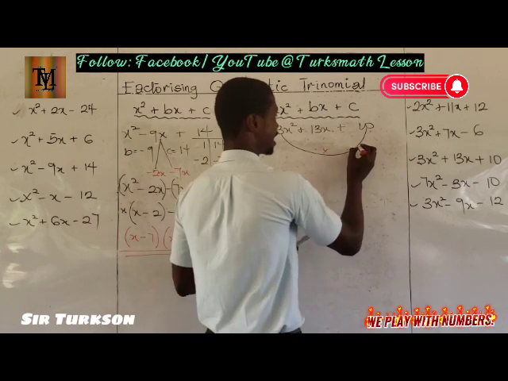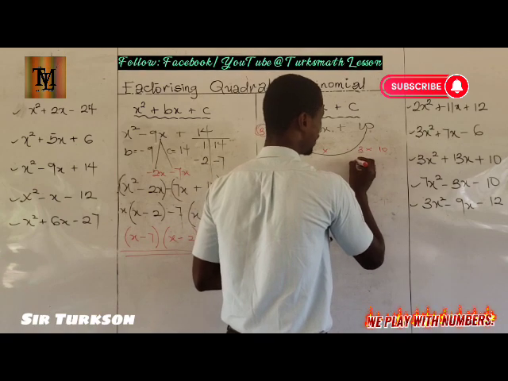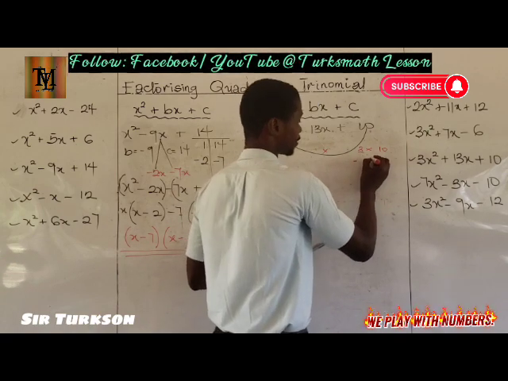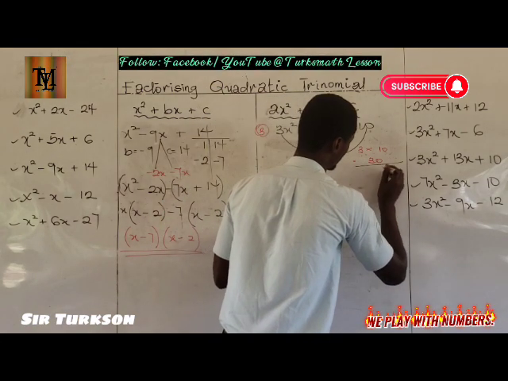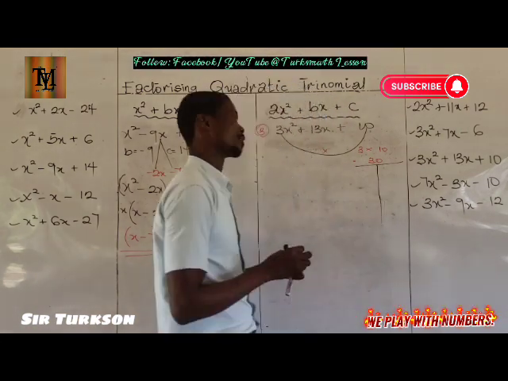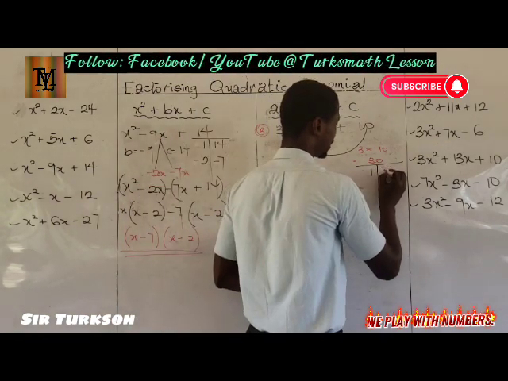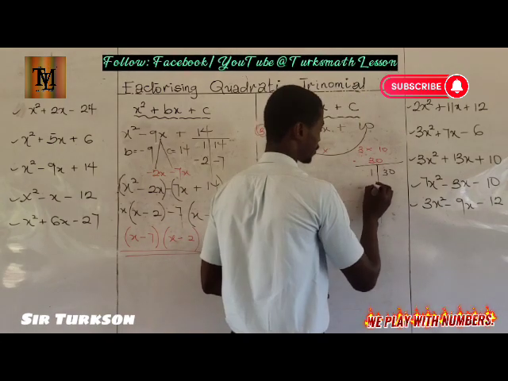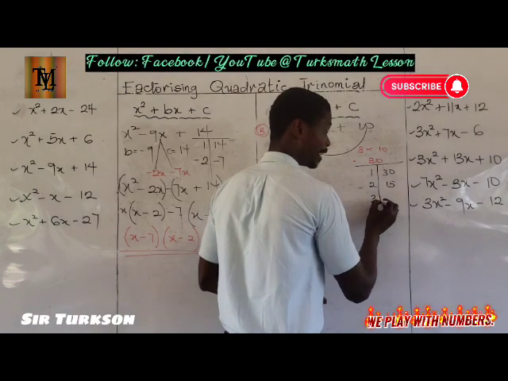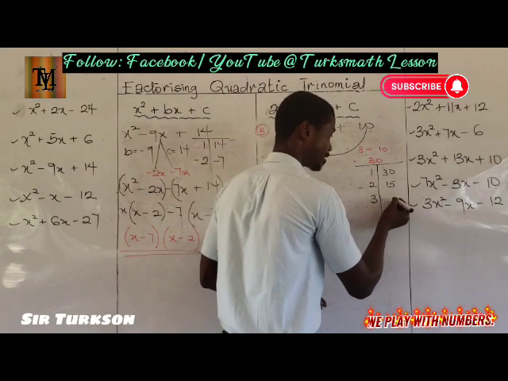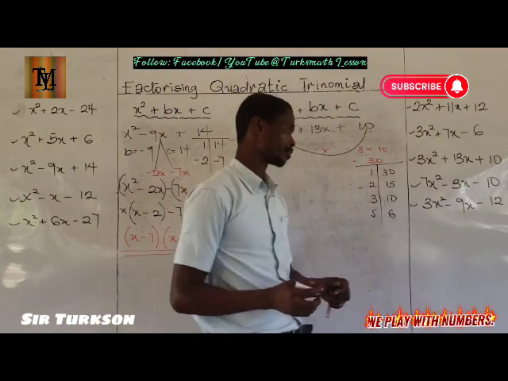Isn't it? Yes. So that is 3 times 10. So 3 times 10 will give us 30. So now let's find factors of 30. What are the factors of 30? 1 and 30, 2 and 15, 3 and 10, 5 and 6.